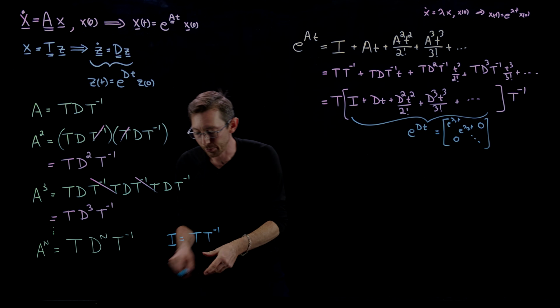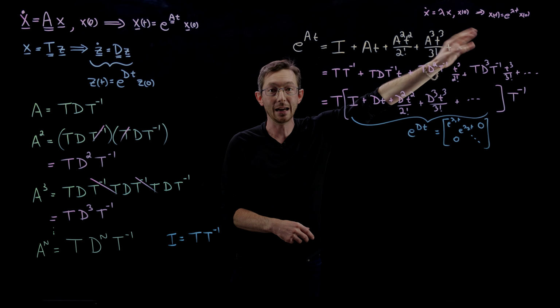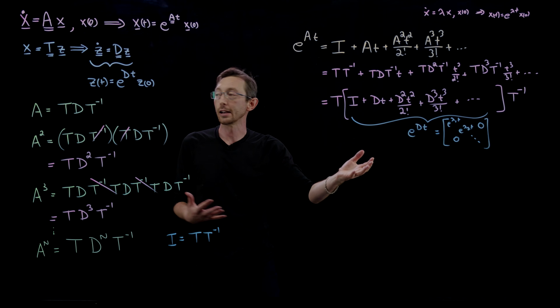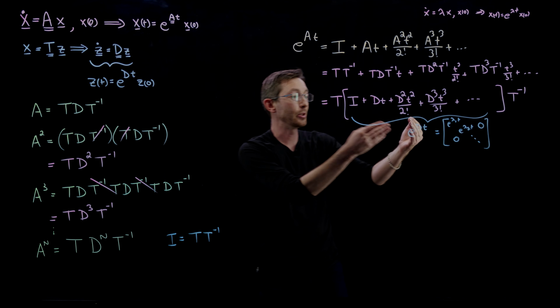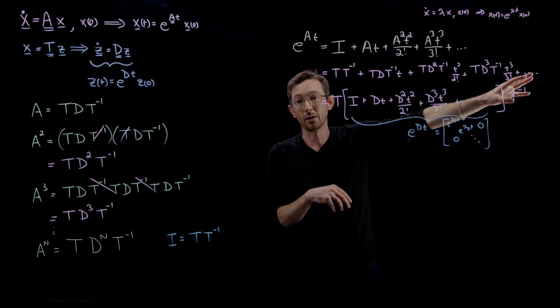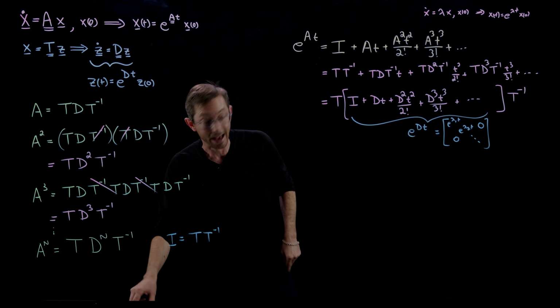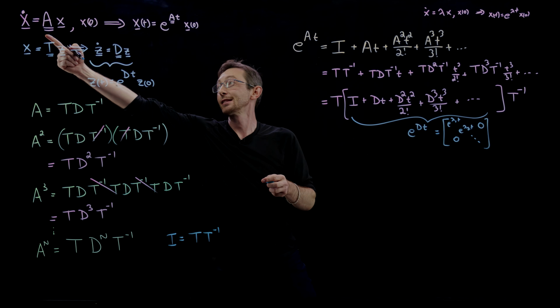And so now I hope you're seeing that instead of computing this infinite set of powers of A, which is going to be heinous to do, now all I have to do is compute the eigendecomposition. I get T and D. I compute e to the Dt, and I multiply it on the left with big T and on the right with big T inverse. And that is my solution. My solution, x at time t.